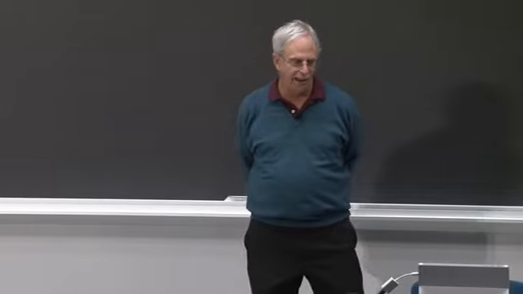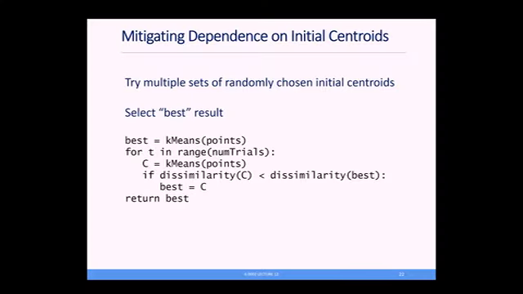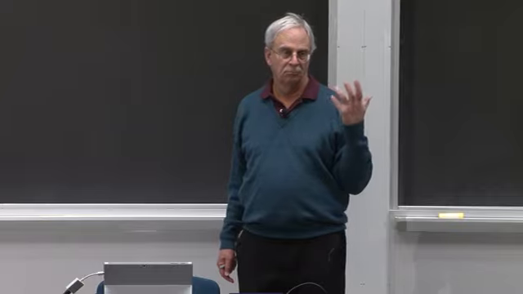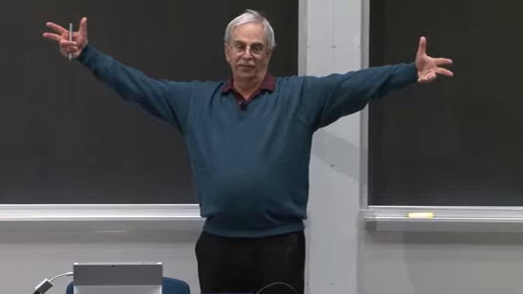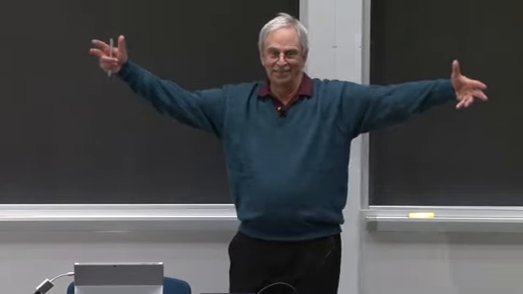And that's what this little algorithm on the screen does. So I'll say best is equal to k-means of the points themselves, or something. And then for t in range number of trials, I'll say c equals k-means of points, and I'll just keep track and choose the one with the least dissimilarity, the thing I'm trying to minimize, okay? The first one has got all the points in one cluster, so it's very dissimilar.